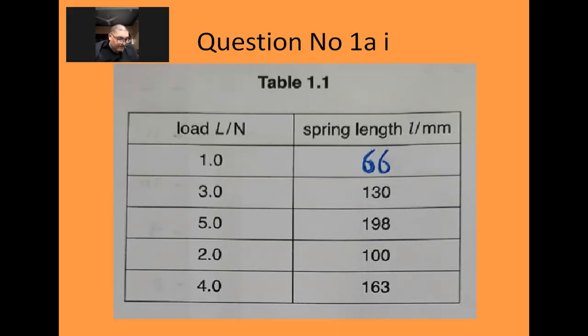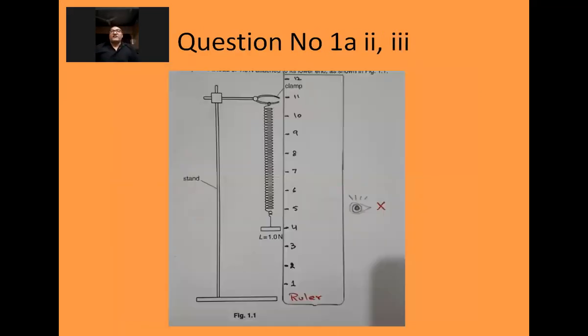And the next question is: on the diagram in figure 1.1, draw a ruler in the correct position for the student to measure the length l in the laboratory. Okay, so we have to draw. Here you can see that I have drawn a scale.